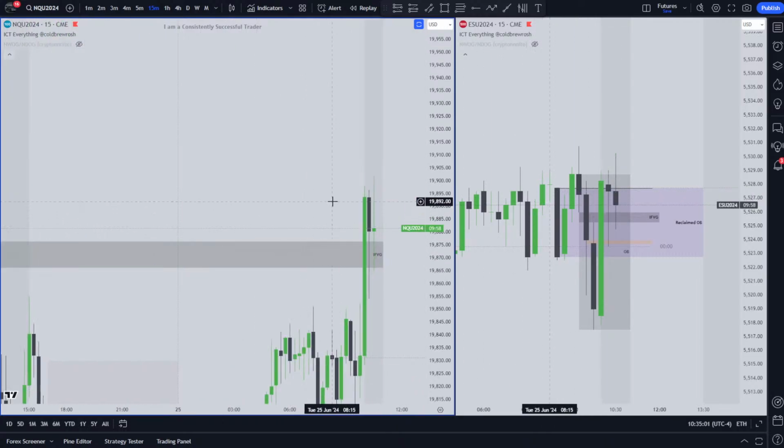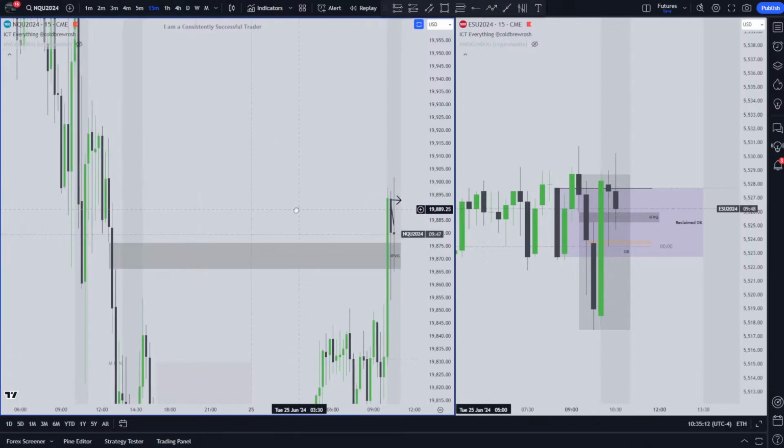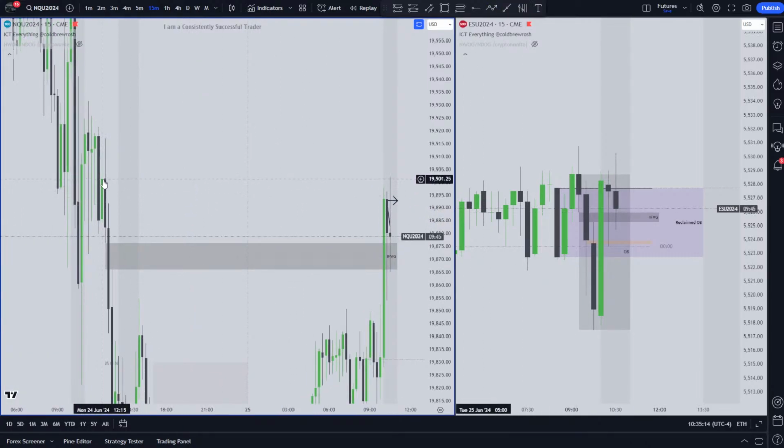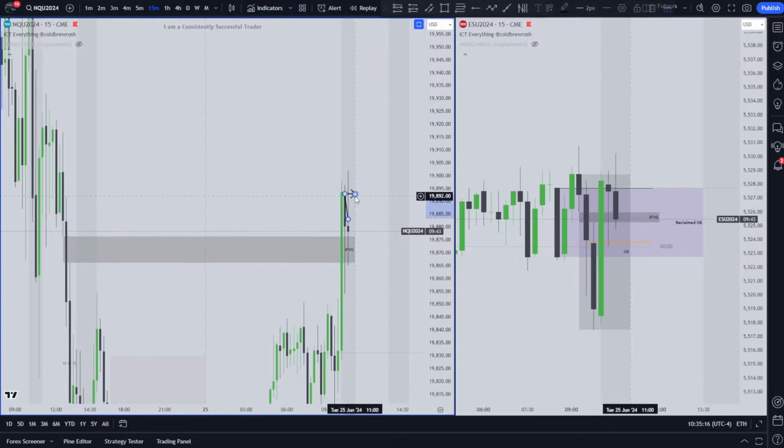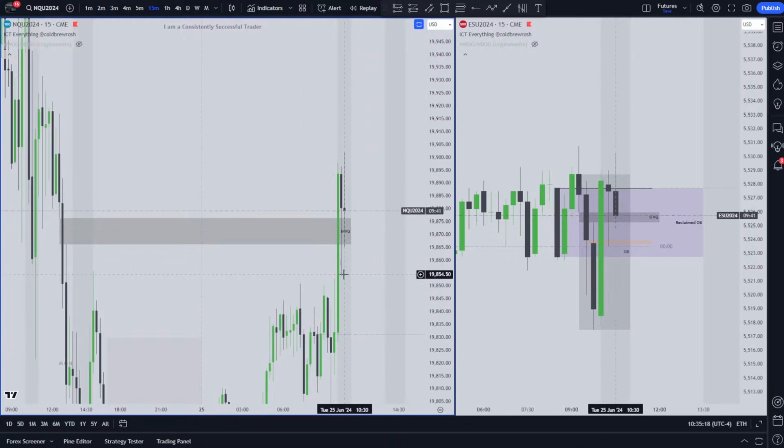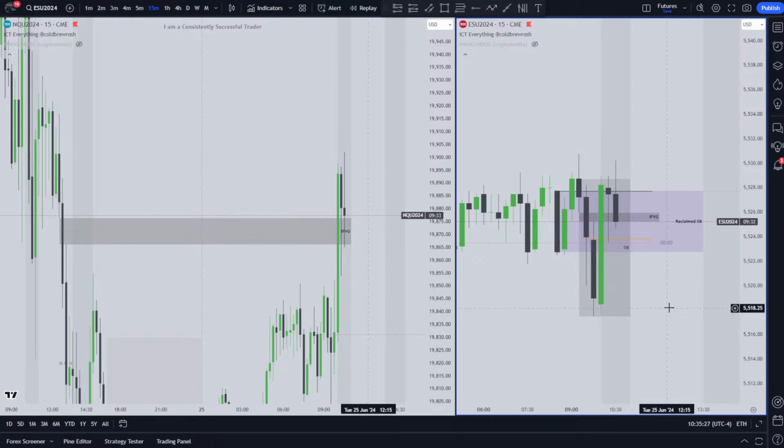It's unlikely I'll get an entry in this session, but it would need to be this order block here, or this reclaimed order block. Maybe this fair value gap if we drop that low, but I don't know. I'm not trying to take a trade if we don't close above this either. That's fine.